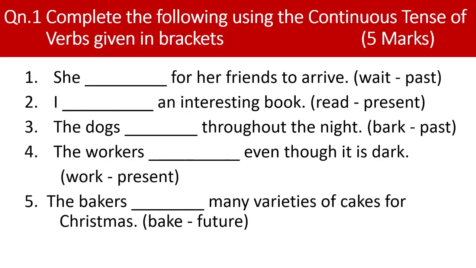Fourth sentence. The workers, you have a blank, even though it is dark. The verb is work, you have to use present continuous. The bakers, you have a blank, many varieties of cakes for Christmas. The verb is bake and you have to use the future continuous form to fill the blank. Do these and let us check the answers.